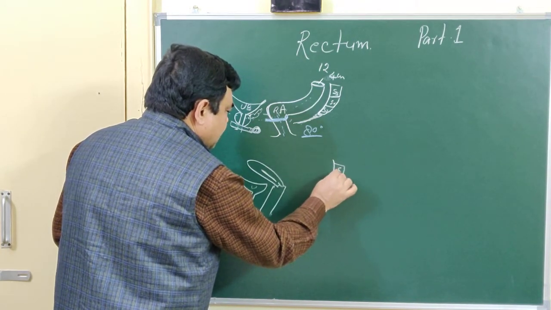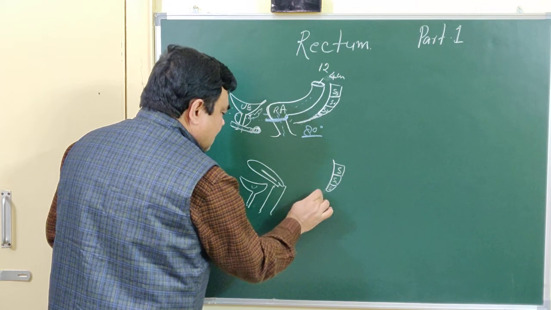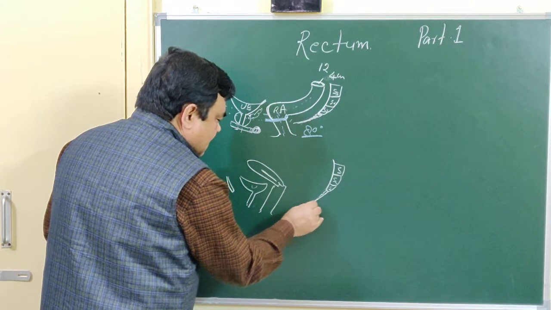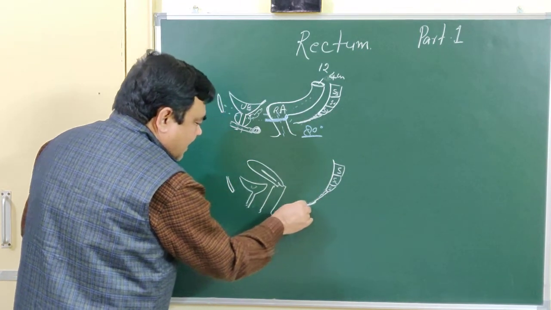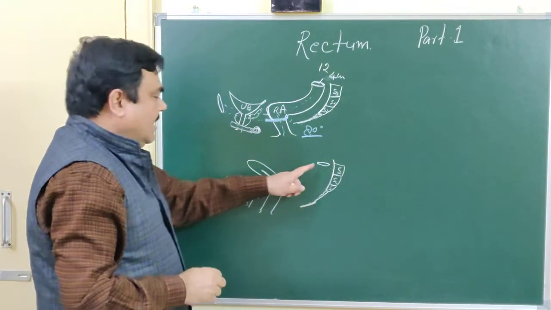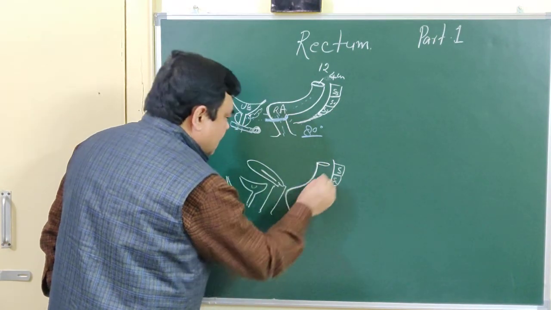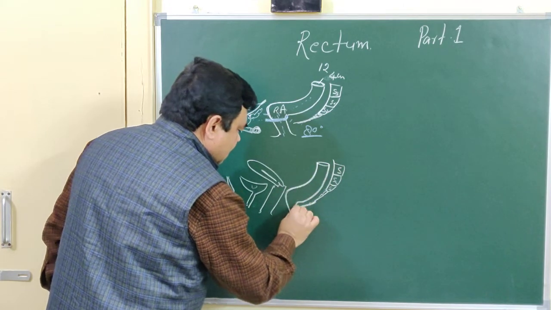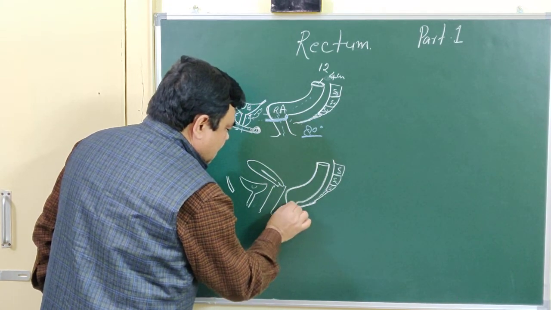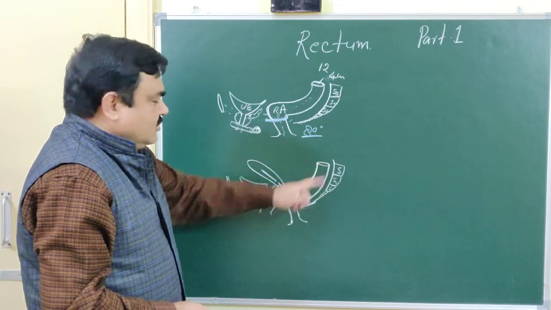This is the S3, S4, S5 segment of the sacrum. Here is the coccyx. This is the anococcygeal ligament, and here is the position of the upper end at the rectosigmoid junction. This is the rectoanal junction. This lower part is the rectal ampulla, the upper part is the rectosigmoid junction.